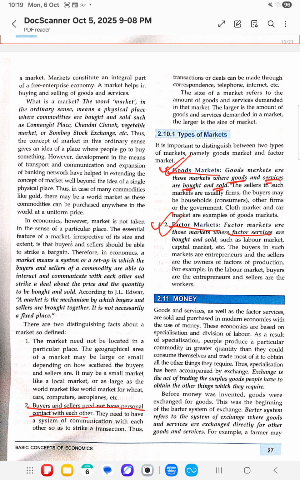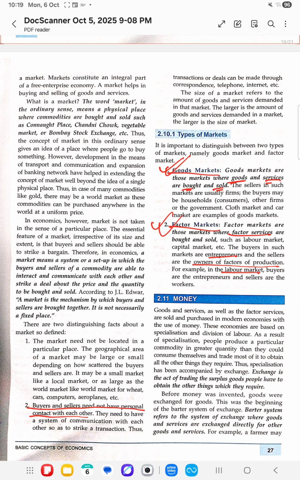But factor market is where you will get laborers, capital, land. Any factor services are provided in factor markets. The buyers in such markets are entrepreneurs and the sellers are the owners of factors of production. So labor market is an example of a factor market.